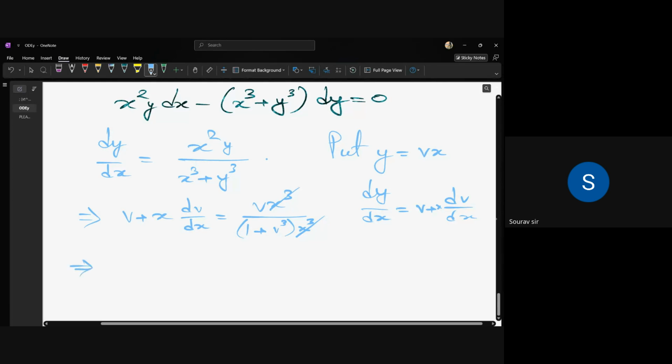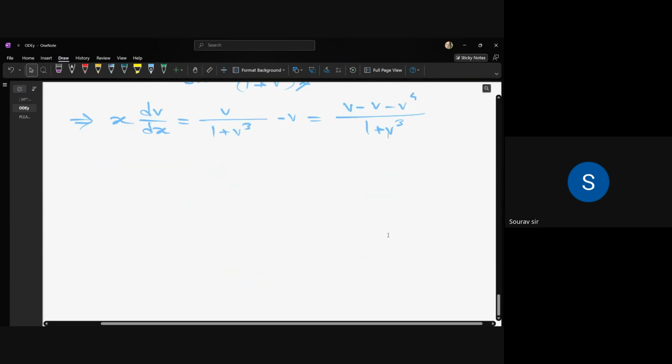So basically we will now have x dv by dx equals v by 1 plus v cube minus v, and that will be minus v to the power 4 by 1 plus v cube.